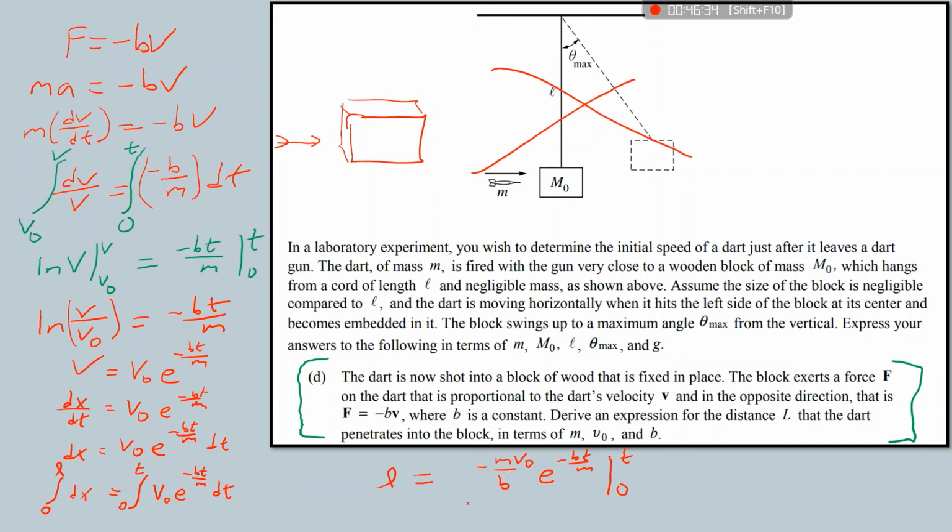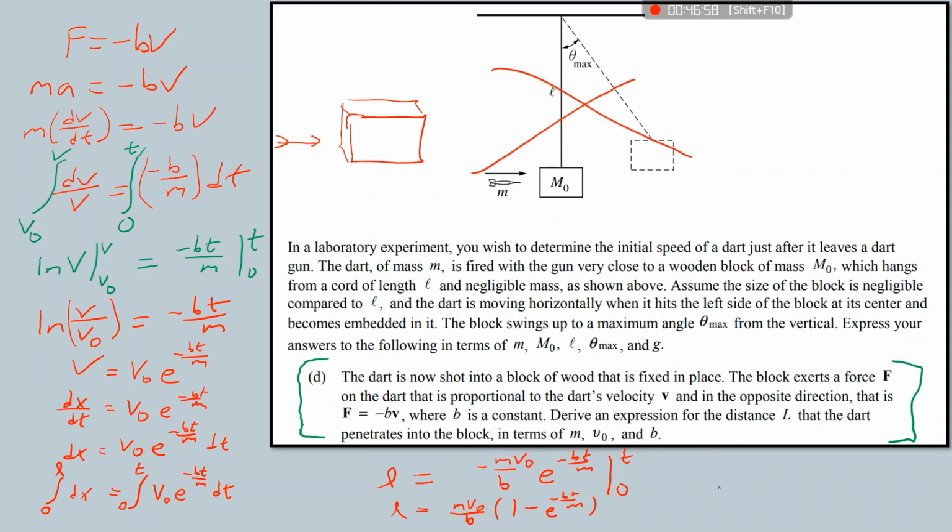So that could be mvo over b, since I've got that in both terms, times 1 minus e to the negative bt over m. So I've kind of changed the order here because my plus 1 was on the right side, and then my left side would be negative, but it means the same thing.